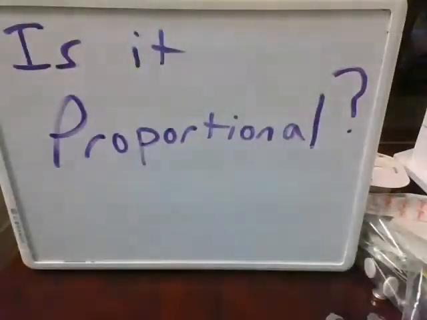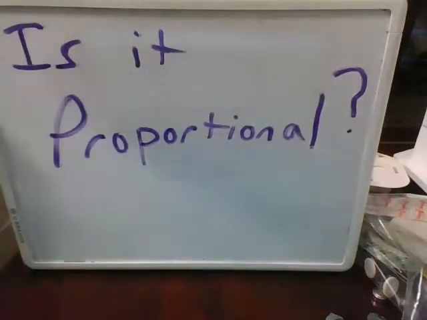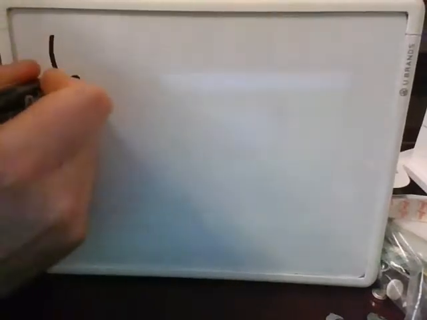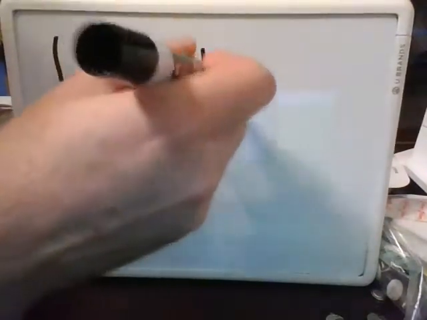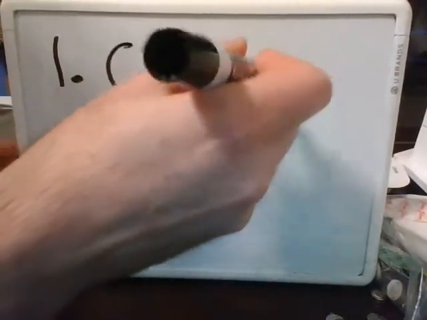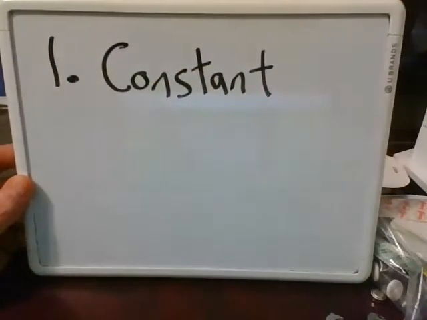Alright, so two ways. Number one, you have to have a constant. So when you divide your y by x on your table, all of them have to be the same constant.